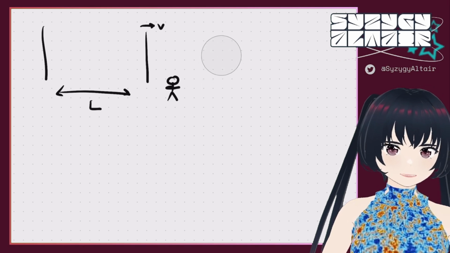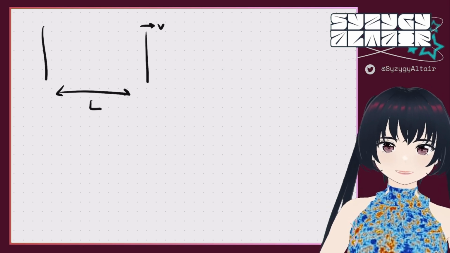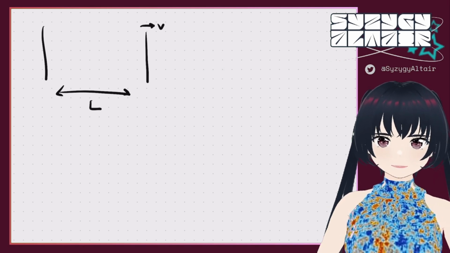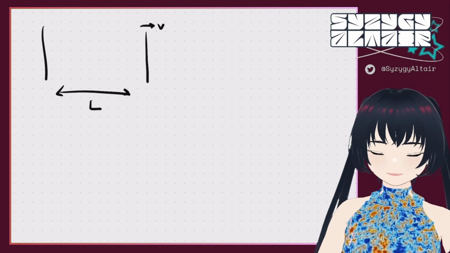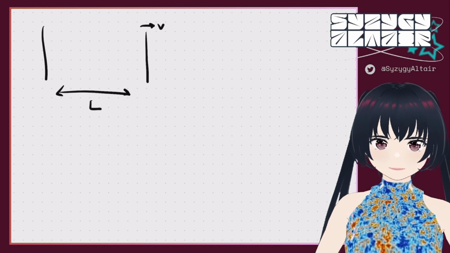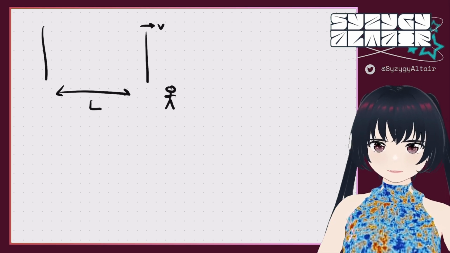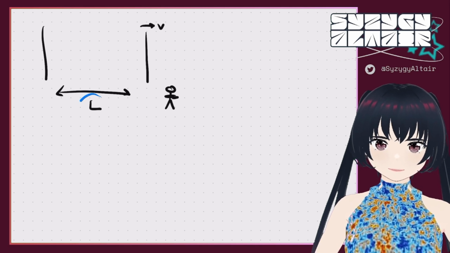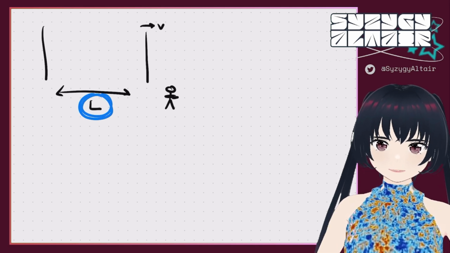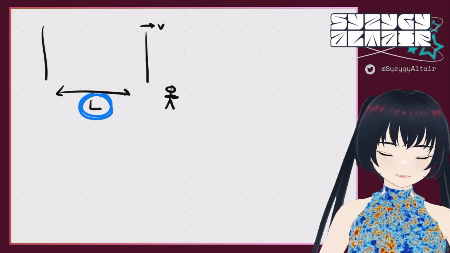Let's go back to our longitudinal light clock. When the clock is moving, the distance between the mirrors in the direction of motion appears shorter to the stationary observer. If the rest length, the distance between the mirrors when at rest, is L, then L prime is equal to L over gamma.